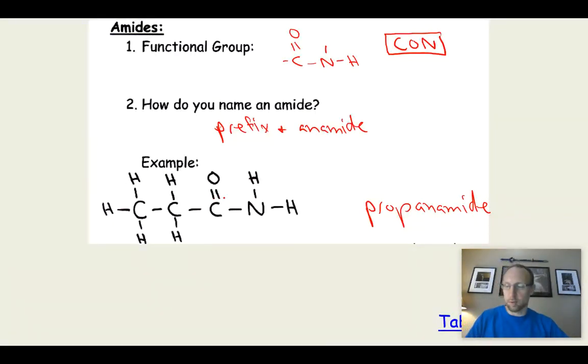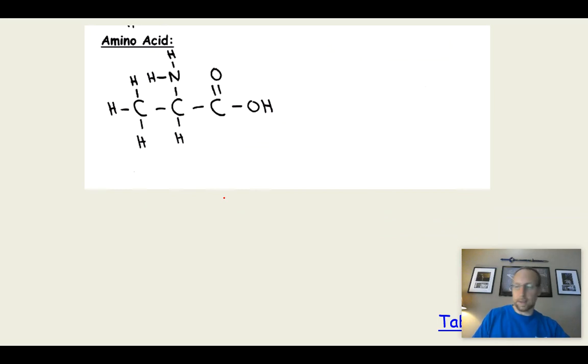Now, last thing quick, I just want to show you something. This is an amino acid. You won't have to name these because the naming is different, if you remember back to Regents biology, living environment. When you talked about amino acids, they had names that don't sound like what we've been talking about, lysine, whatever. So we're not going to worry about those names here, but why do we call these amino acids?